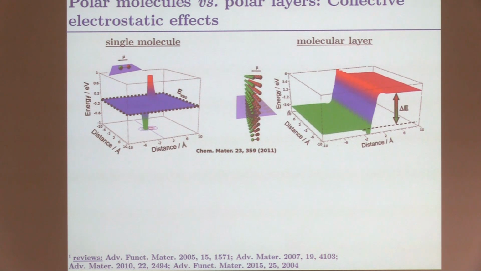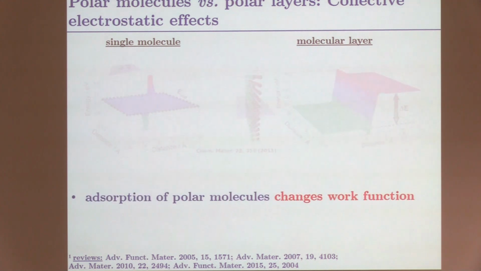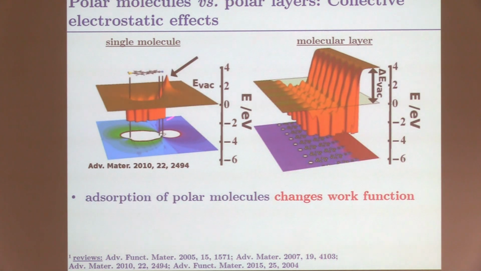Now, going back to the single molecule versus molecular layer picture I've shown you before, if you have monolayers of these highly polar molecules, you can expect a change in electrostatic potential energy. One example from the group of my PhD advisor, Egbert Zojer, is a biphenyl molecule that has a polar tail group at the end.